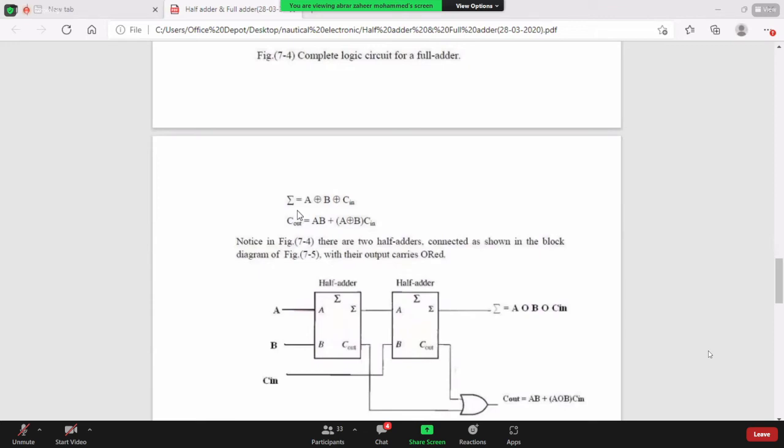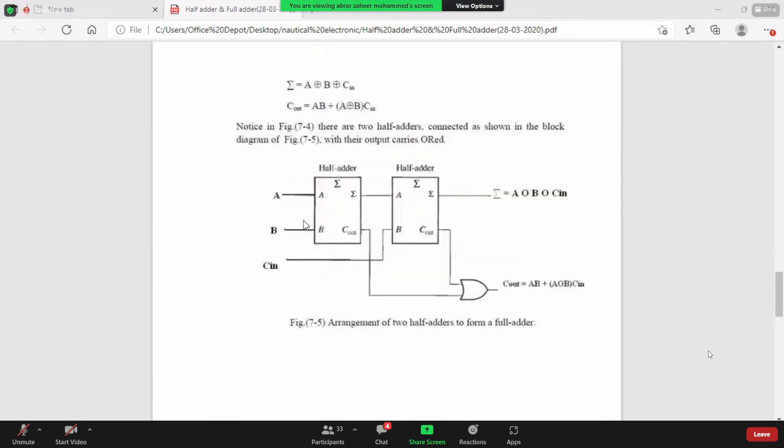The sum output will be A XOR B XOR C in, and the carry output AB plus A XOR B dot C in is the final carry for the full adder. In this way, we can use two half adders to form a full adder.